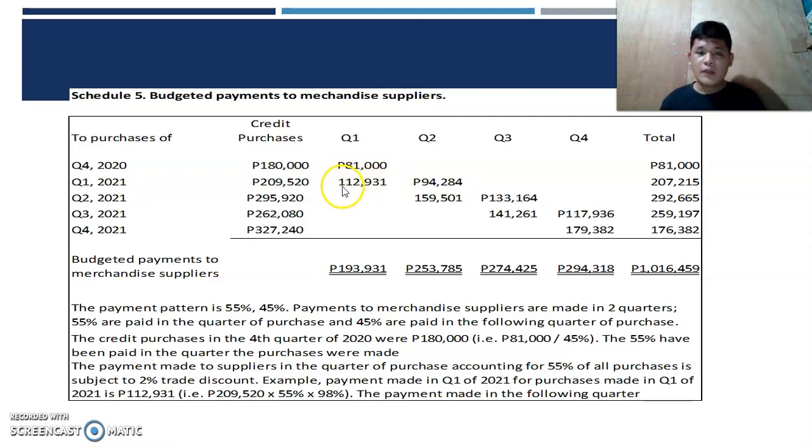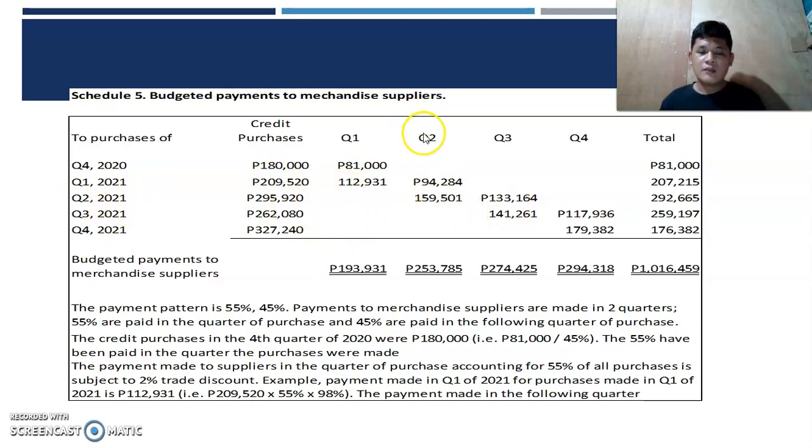Pero since yung kumpanya is mag-a-avail ng 2% trade discount, so yung 115,236 bawasan mo pa ng 2%. So, para shortcut, 98% na lang. I-multiply mo na lang ng 98% para makuha yung 112,931.